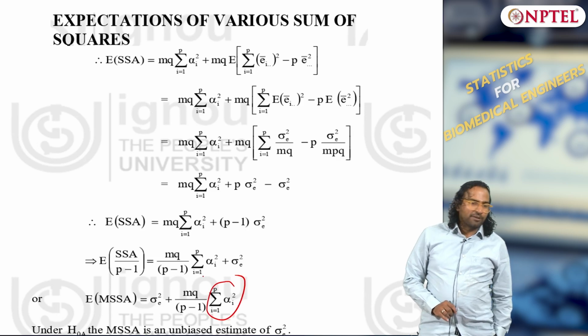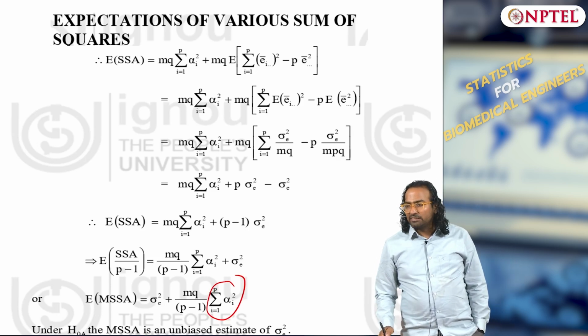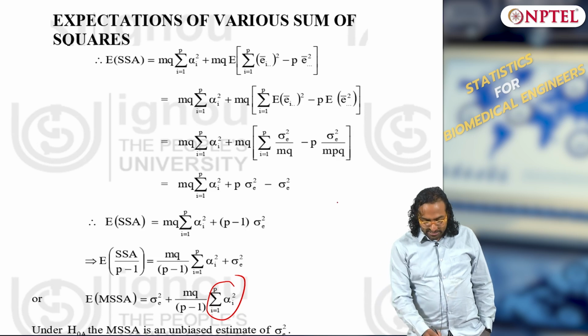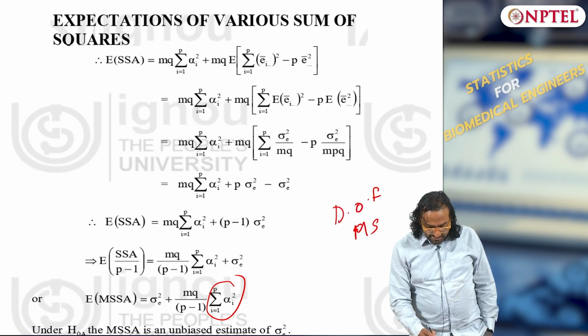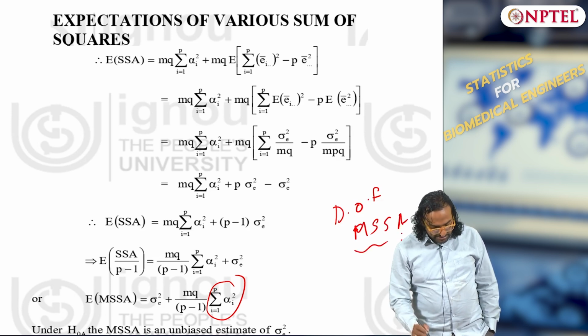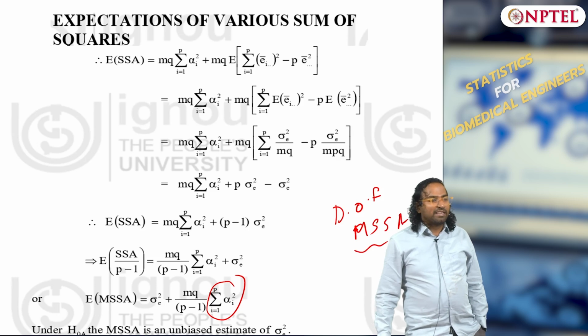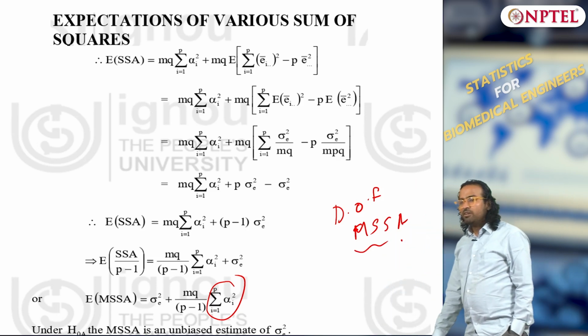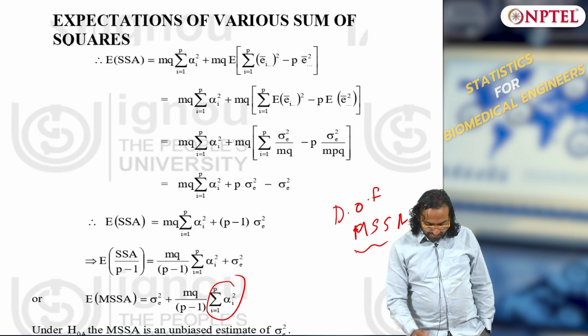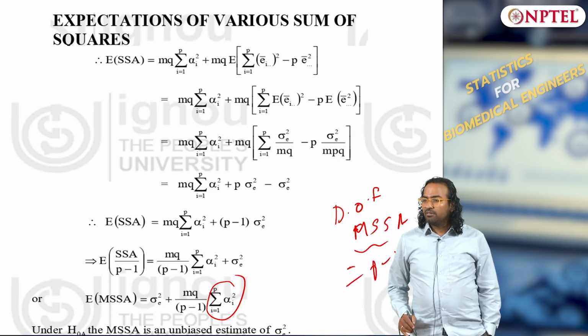And what is the degrees of freedom? What is the degrees of freedom of SSA or mean square MSA? Totally there are P levels, so you have P minus 1 degrees of freedom. Okay.